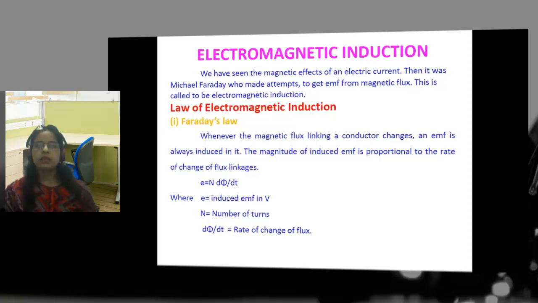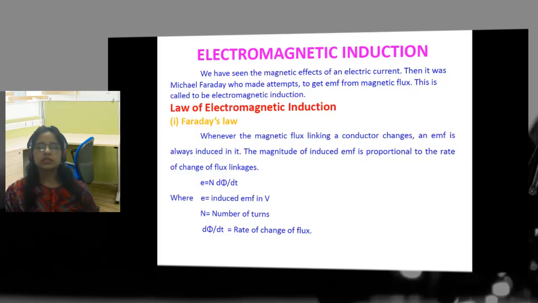So whenever the magnetic flux linking with the conductor changes, that is, the conductor is in the vicinity of the magnetic field and experiences a difference in magnetic flux, the intensity of magnetic flux is varying, then an EMF is induced in the conductor. Am I clear?